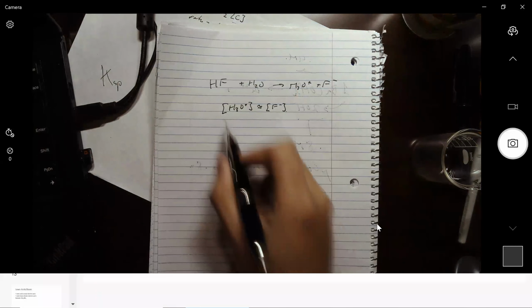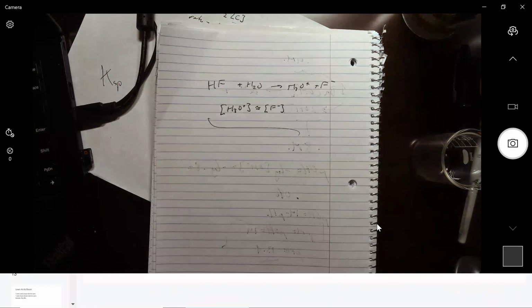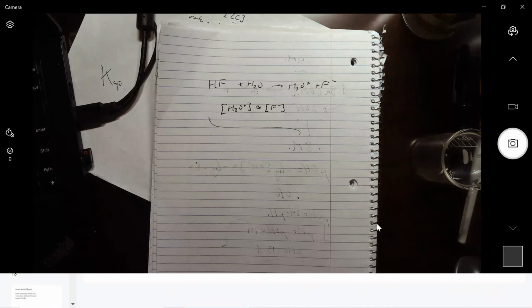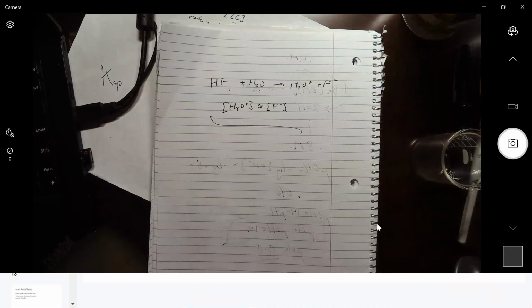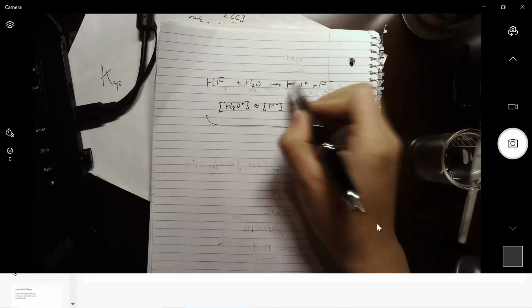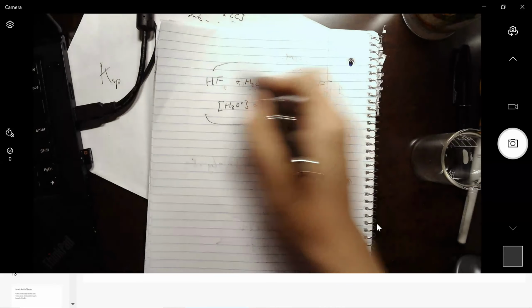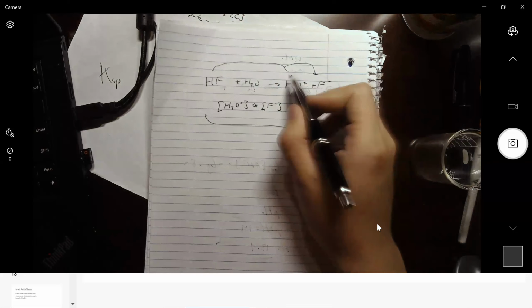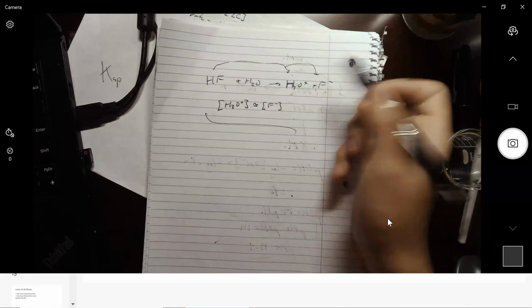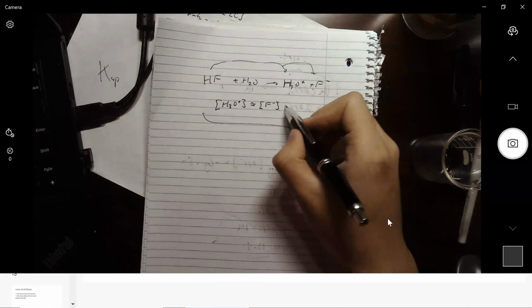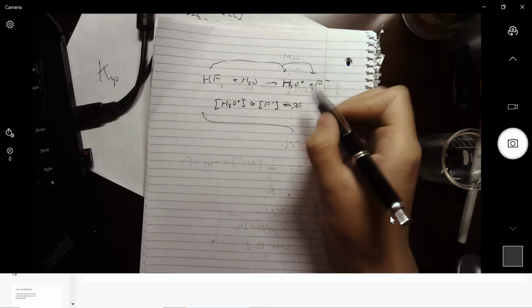Does everyone understand this statement? The only reaction, you can see that 1 mole of this will produce 1 mole of that and 1 mole of that. So we're producing these in equal amounts, hence they're equal. So we can say this is X.